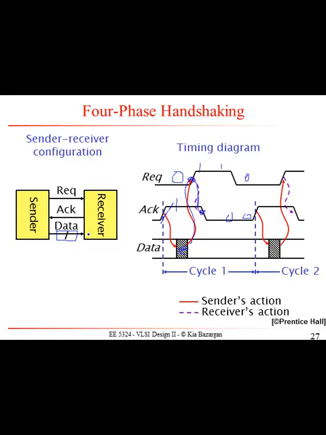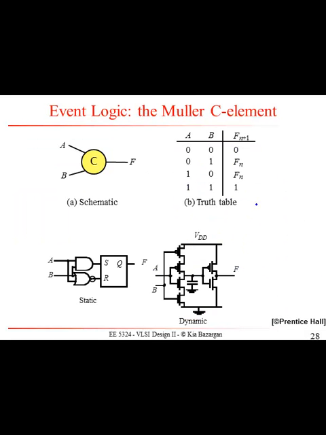Oh, sorry, no, the data cannot be written. So during this time, your receiver is doing computations on it. And once it's done doing the computation, it's going to raise this acknowledge, which says, I'm done with the data. You can dump new data into the buffer that we have between us. And that is going to start a new cycle.